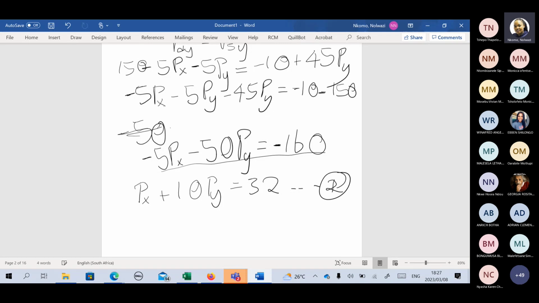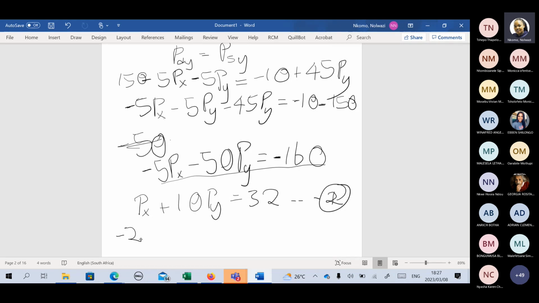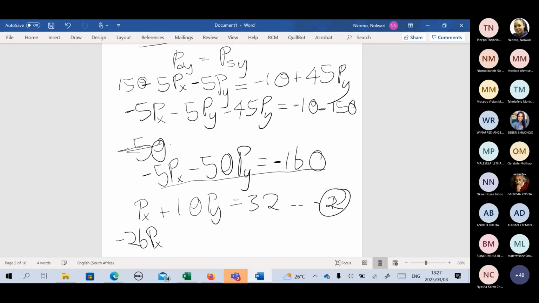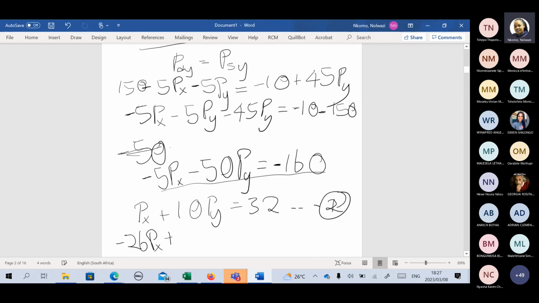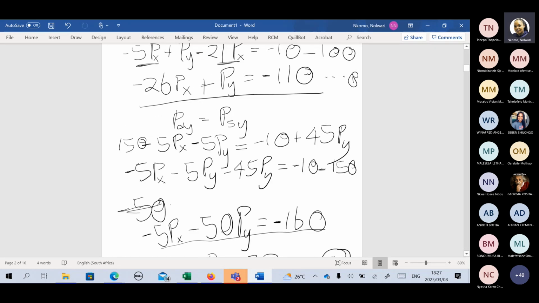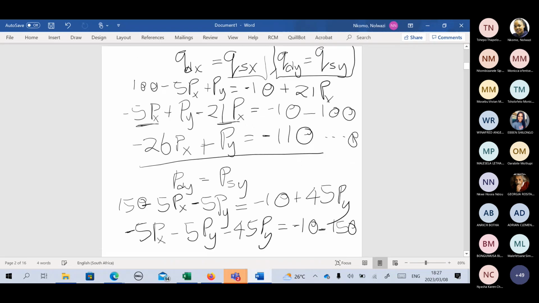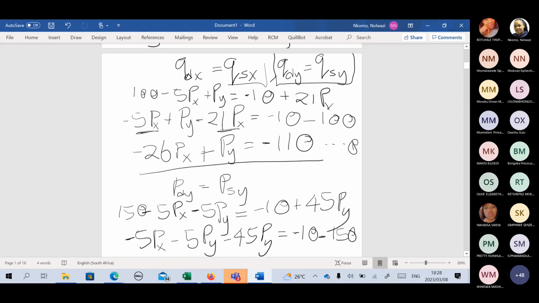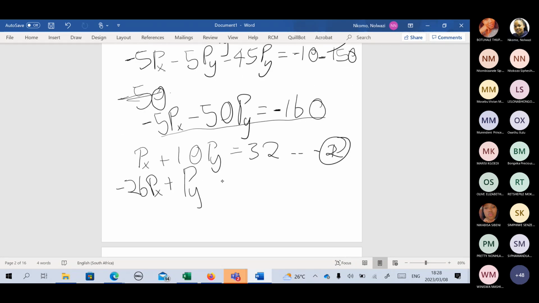Remember, our equation 1 was minus 26px plus py equals minus 110. Okay, this is equation 1.